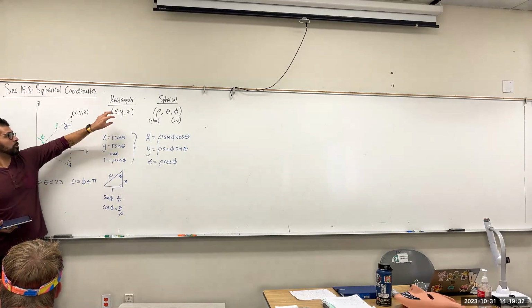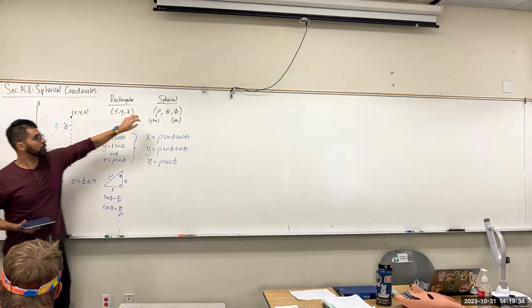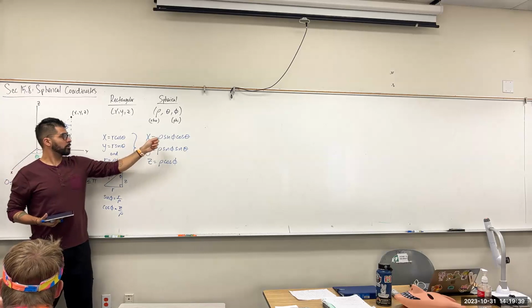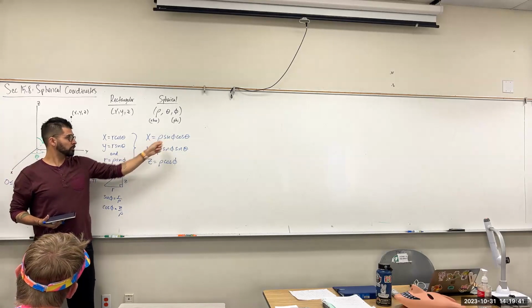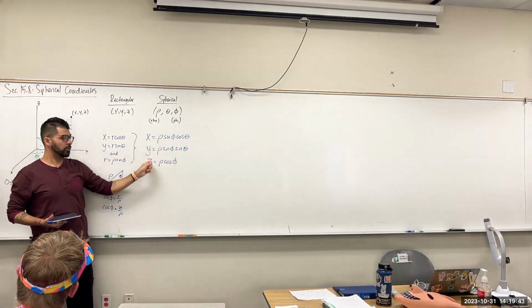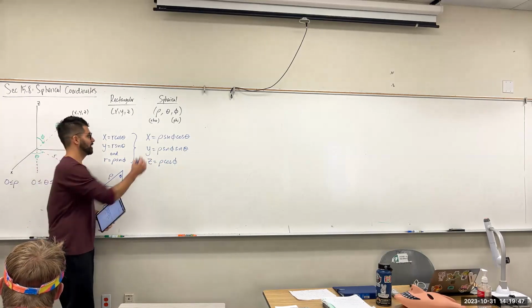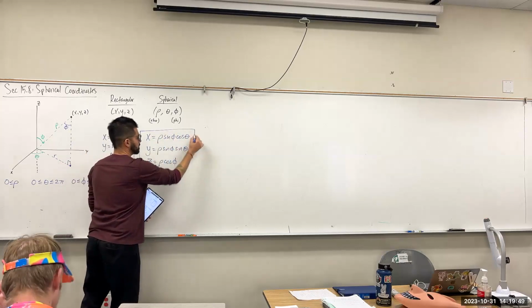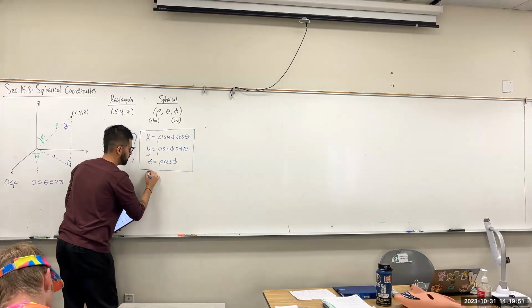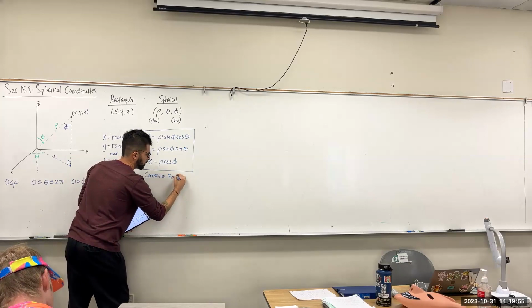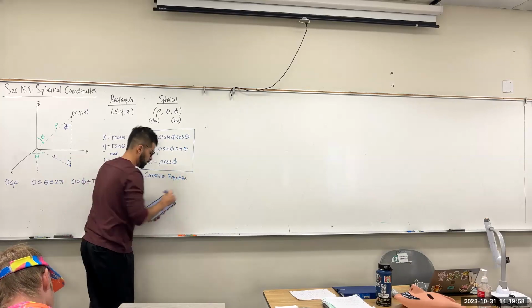That means that when I want to change from rectangular to spherical, all the x's are going to be replaced by this expression, all the y's are replaced by that, and all the z's are replaced by this. More complicated. Okay? So these are your conversion equations between rectangular and spherical.